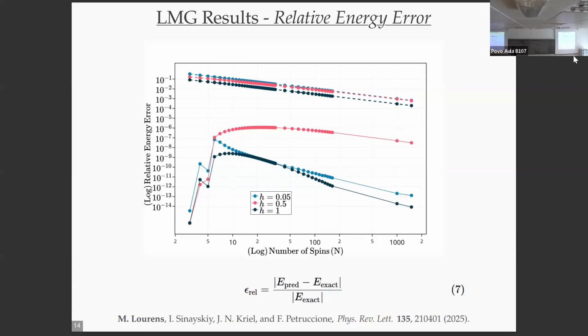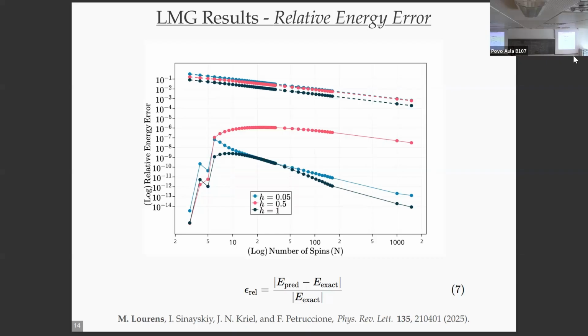Now, while the mean field solution also becomes exact in the thermodynamic limit for the ground state energy, if you don't symmetrize the ansatz and optimize for the large N limit of the optimal angles, you get a product state, so you get the mean field solution. If you symmetrize the ansatz and then take the large N limit and optimize the analytical solution, you don't get a product state.